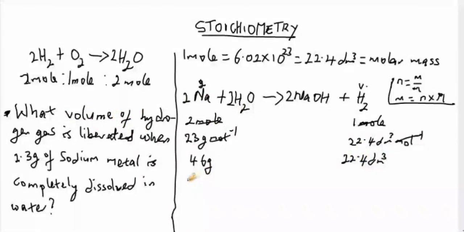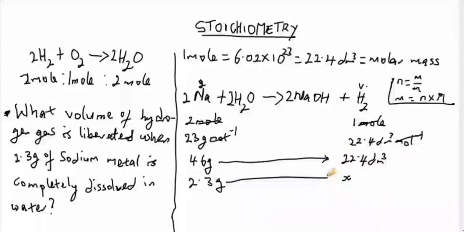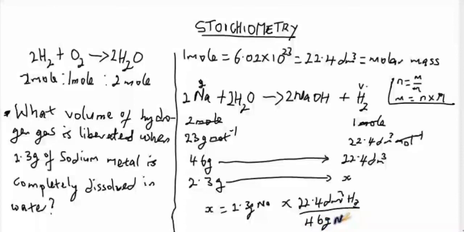So therefore if 46 grams produces 22.4 dm cube, then 2.3 grams should produce X. Cross multiplying, X becomes 2.3 grams of sodium metal times 22.4 dm cube of H2, divided by 46 grams of sodium metal.